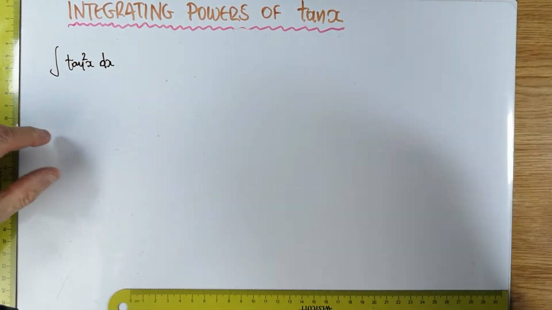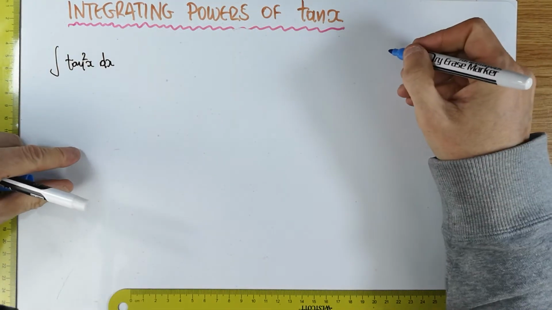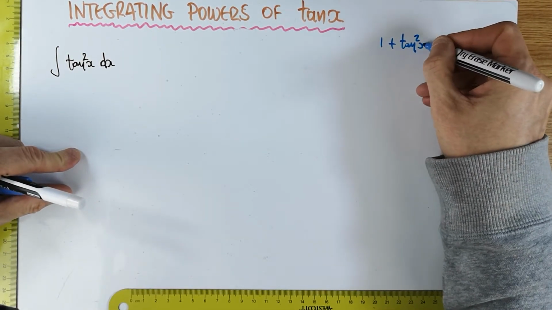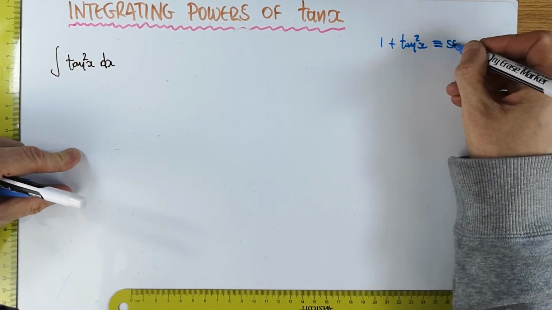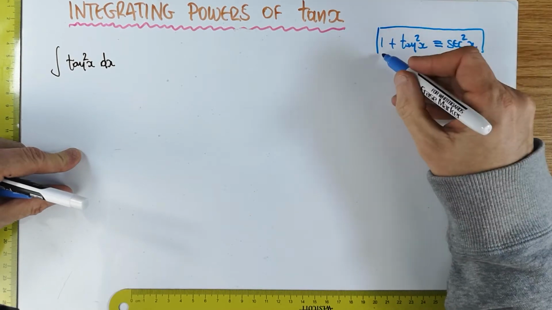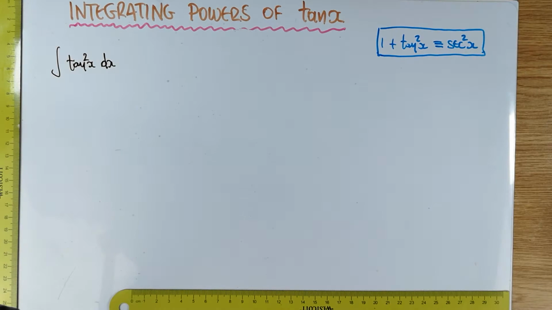We're going to use this identity here. Let me just write it in blue on the top right of the board here. 1 plus the tan squared of x is identically equal to sec squared of x. This identity is very important when we're integrating secs and tans sometimes.